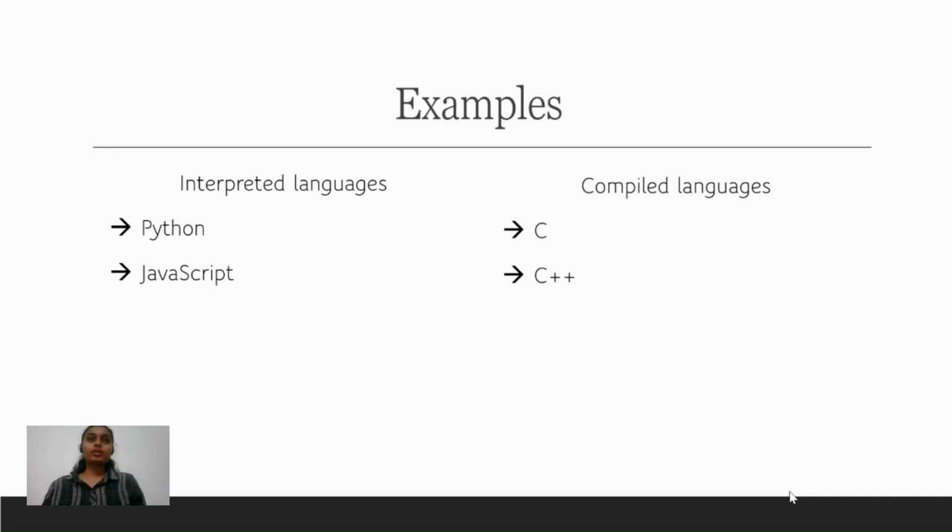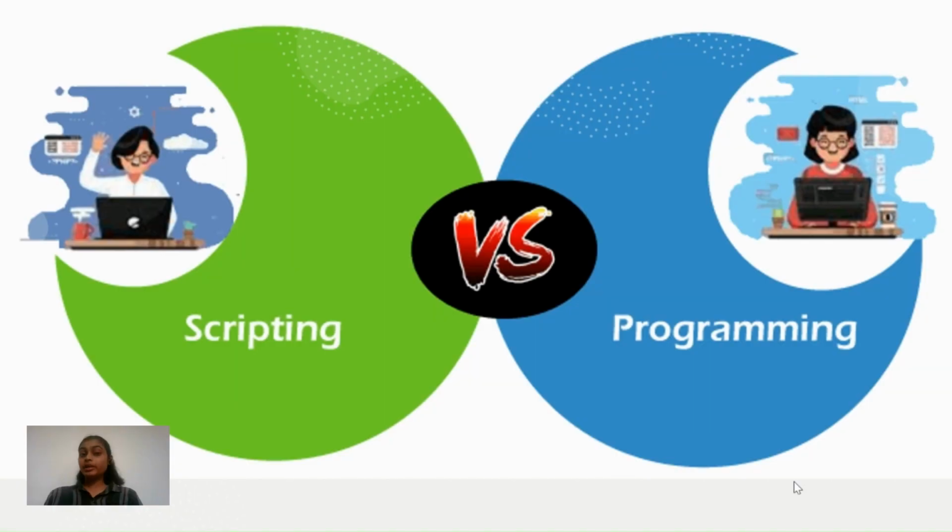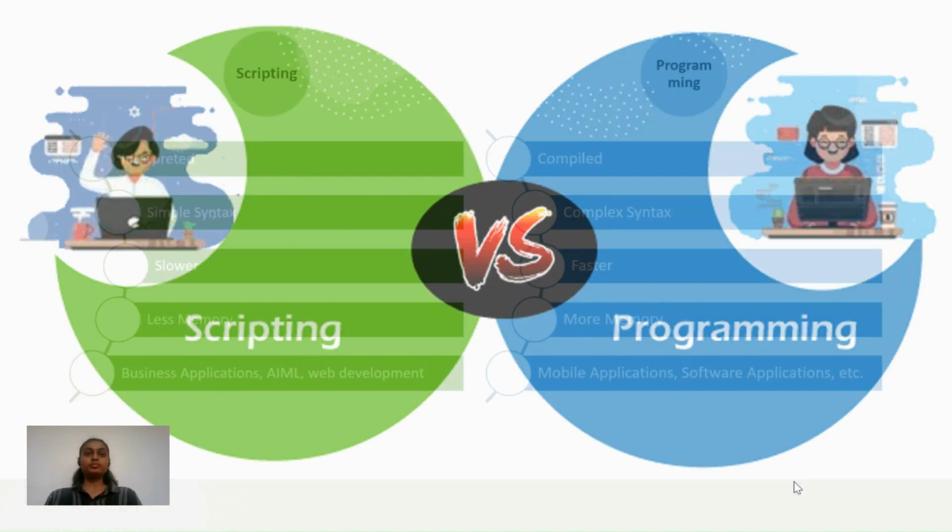Why do we have these differences like interpreted languages and compiled languages? What is the difference which makes them separate? Interpreted languages are also called scripting languages, and compiled languages are also called programming languages. So what makes them separate, that we will understand.